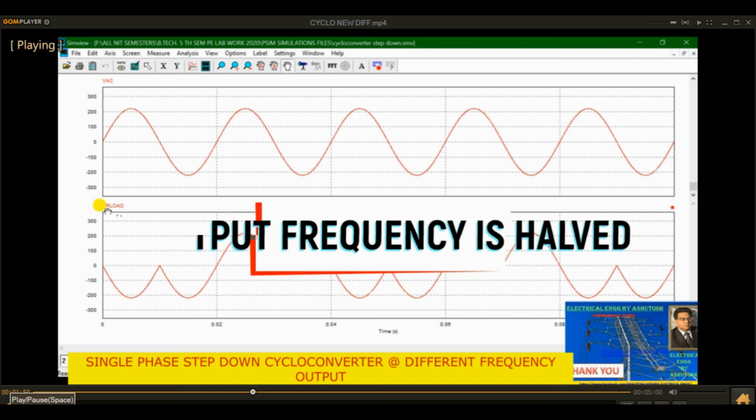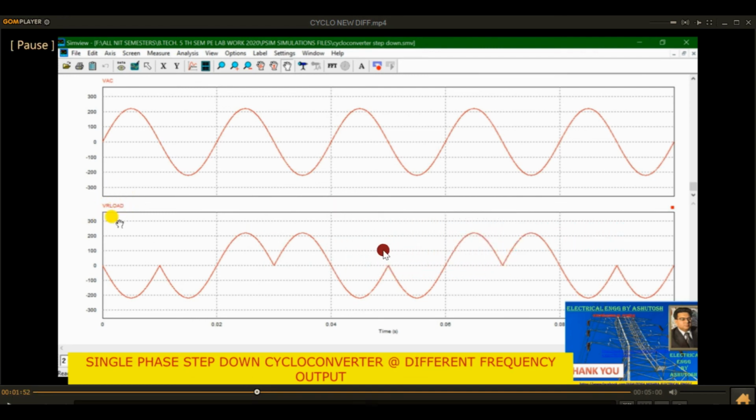So see what the shape of the waveform is. This one is the shape of V1. What is happening?